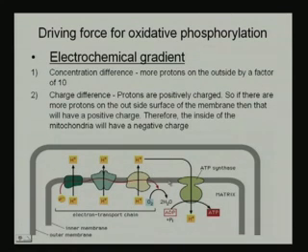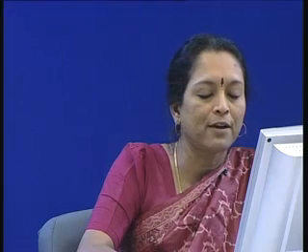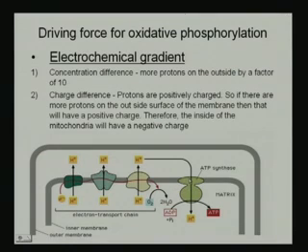When it is further coupled to ATP synthesis, the enzyme ATP synthase plays a significant role. ATP synthase has two moieties, F0 and F1. When ATP synthesis is taking place, protons are flowing back into the matrix, and ADP and Pi are phosphorylated to form the ATP molecule.